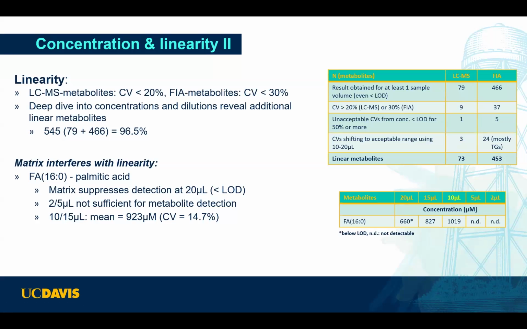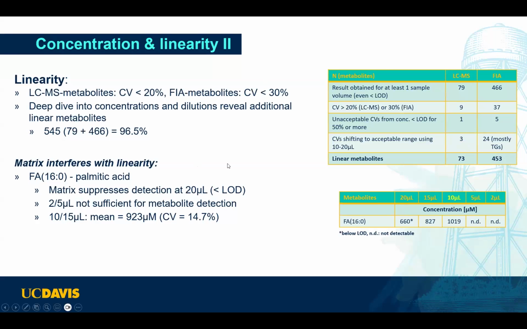So it's always worth looking a little more closely at your data to see what is actually possible. Given that the 2 or 5 microliter sample volume was not the one we want to use anyway, we can confidently say that those 24 triglycerides and some of these 3 LCMS metabolites are also linear, which ended up giving us this number.